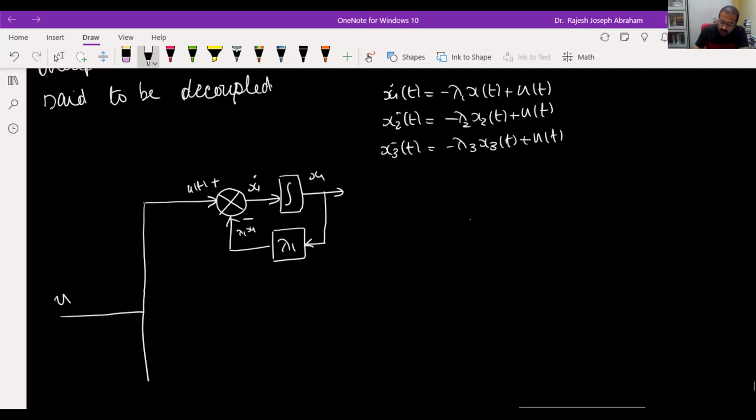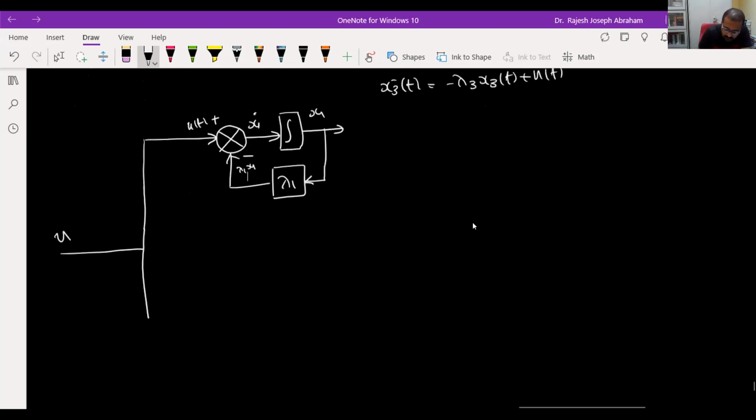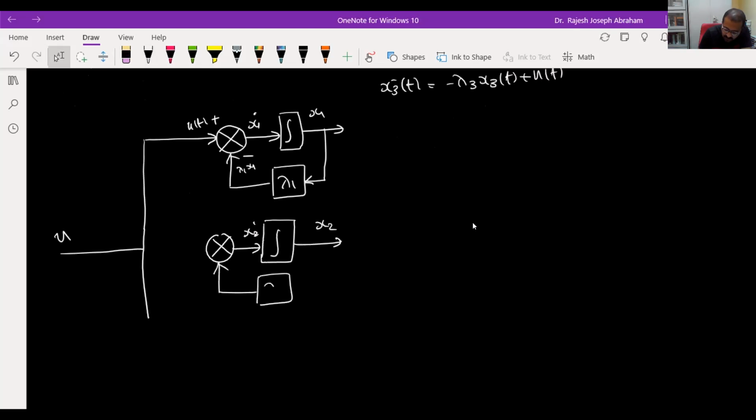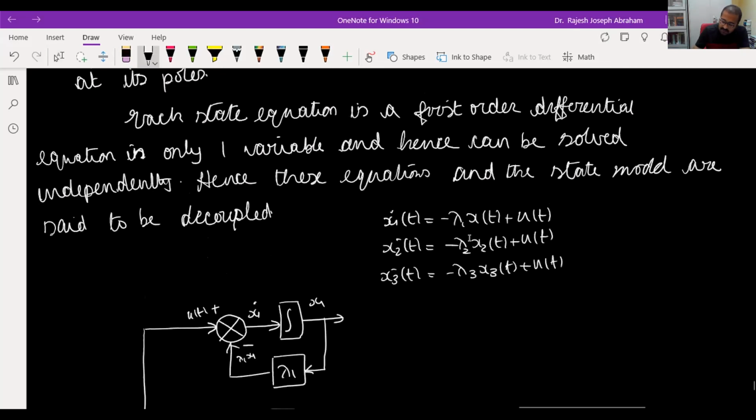Now what is x2 dot? Minus lambda 2 x2 plus u of t. So again here is our x2 dot. Here we have an integrator. This is x2, this is lambda 2, and here is the negative sign. This is our u, plus, right? So x2 dot is minus lambda 2 x2 plus u of t.